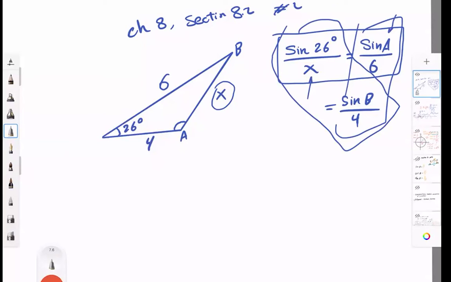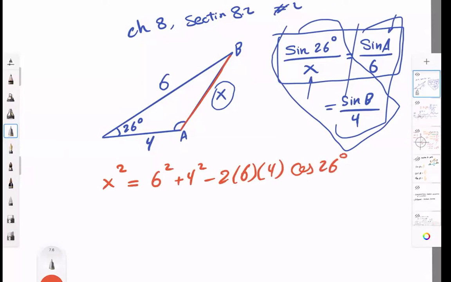Law of cosine says this side is squared. We have x squared equal to 6 squared plus 4 squared minus 2 times 6 times 4 cosine of 26 degrees. So this is 36 plus 16 minus 2 times 6 is 12, 12 times 4 is 48, cosine of 26.